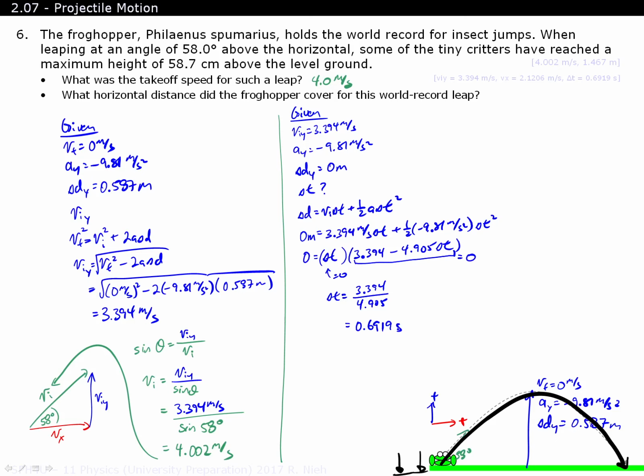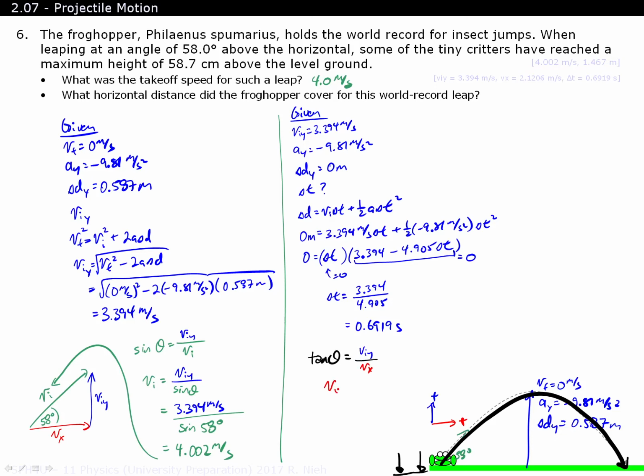Okay, so it had 0.6919 seconds to travel up and down, meaning it also had 0.6919 seconds to travel across. So the last thing we need to do is to solve for our Vx. Now we could find our Vx based upon our Vi, but just to avoid too much rounding error, let's solve it the longer way. We know that tan of theta is equal to our opposite, ViY, divided by our Vx.